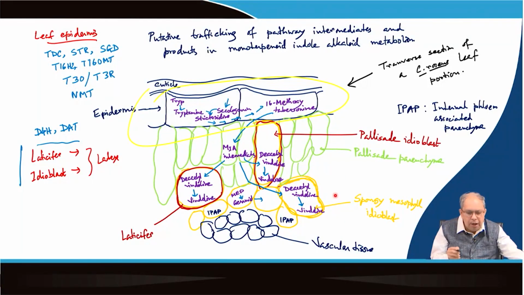And also I have shown a cross section of the leaf, where I have shown the localization of different cells such as laticifer cells and idioblast cells.